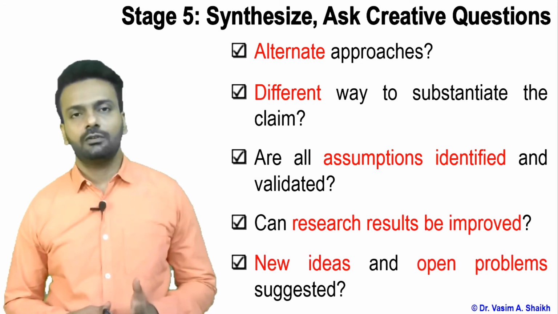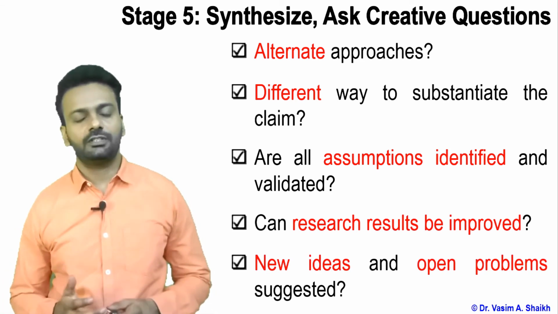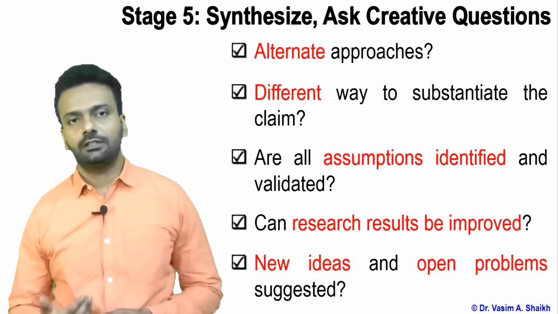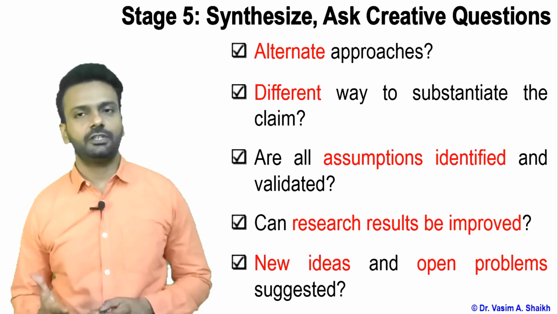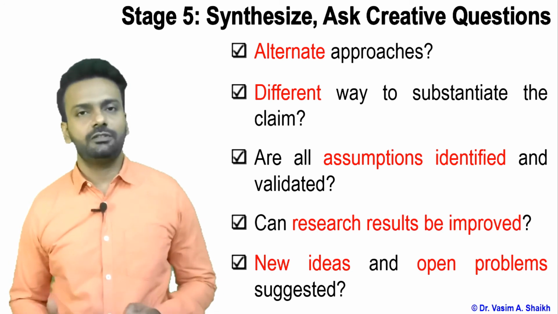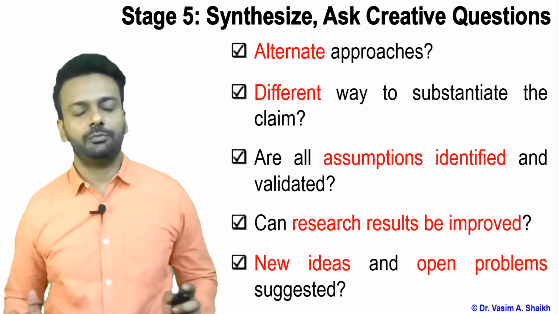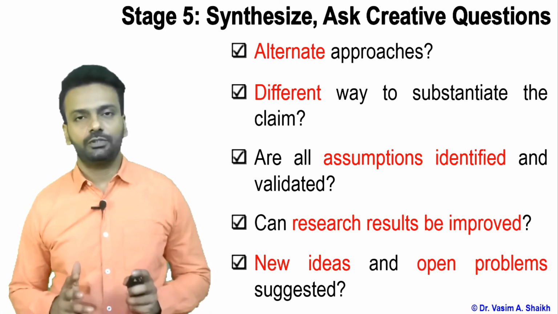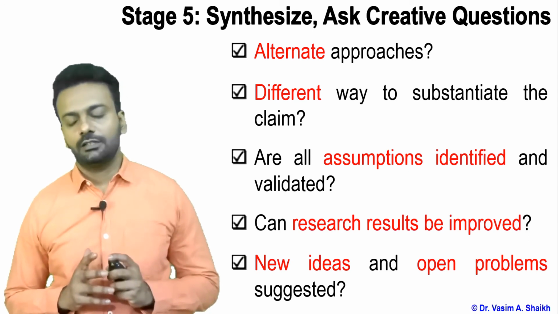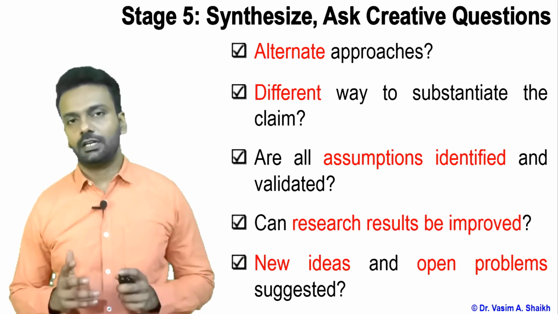You just need to find out, and that is how you synthesize the paper, by asking these questions. So this is stage 5. Stage 5 means you have entirely read the paper from the first page to the last page, and this is how you synthesize and ask creative questions.